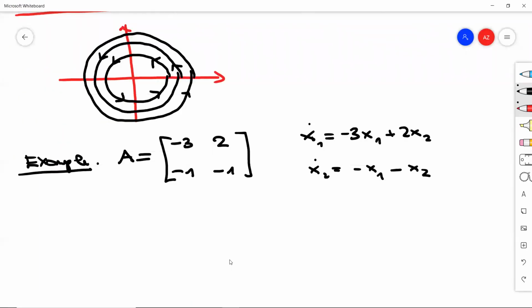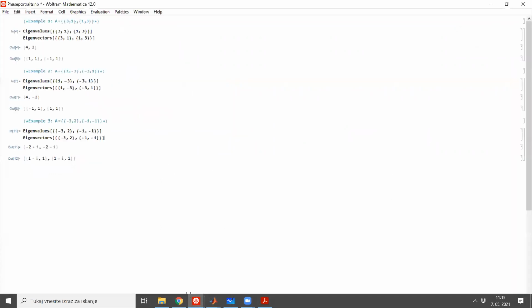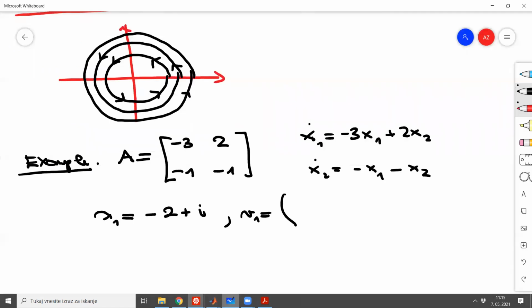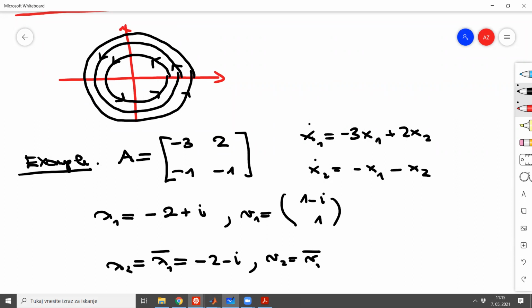So lambda 1 in this case is -2 plus i, and V1 is 1 minus i, 1. And then lambda 2 is just the complex conjugate, so it's -2 minus i, and V2 is V1 conjugate, so it's 1 plus i, 1.